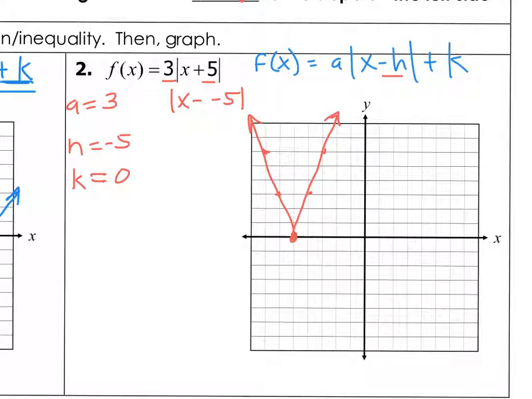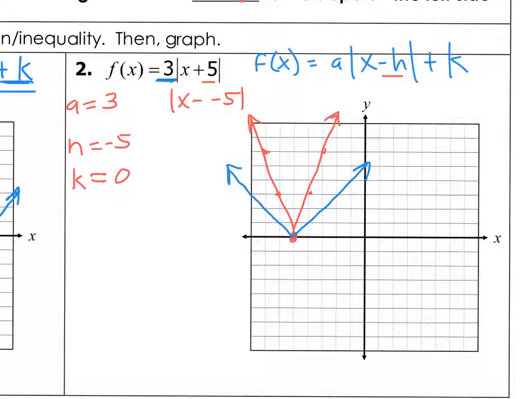Because if we had graphed 1 as being the value of A, it would have looked like this blue line, okay? But because we're now multiplying it by 3, we stretch it up the y-axis.